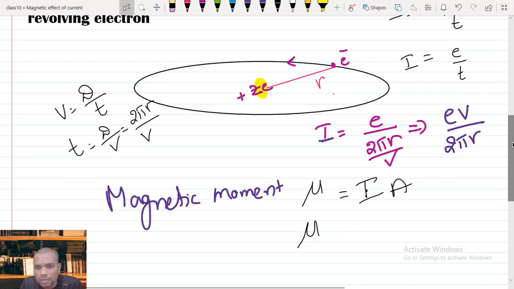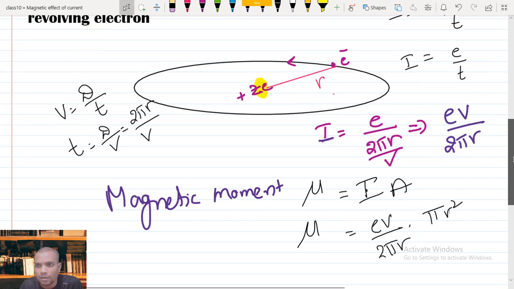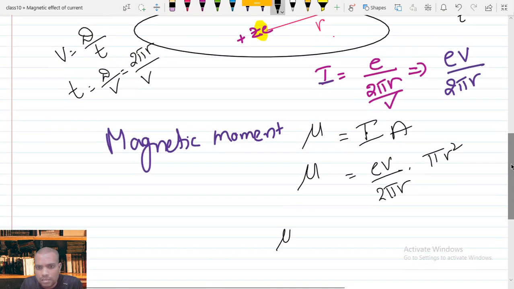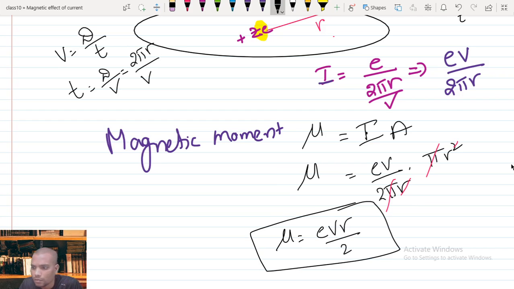So mu equals the current, which I got for the electron, ev upon 2 pi r, times the area, pi r square. Now try to cancel: pi gets cancelled, and r cancels in the r square term. The expression changes to evr upon 2. So this we define as the magnetic moment of a revolving electron.